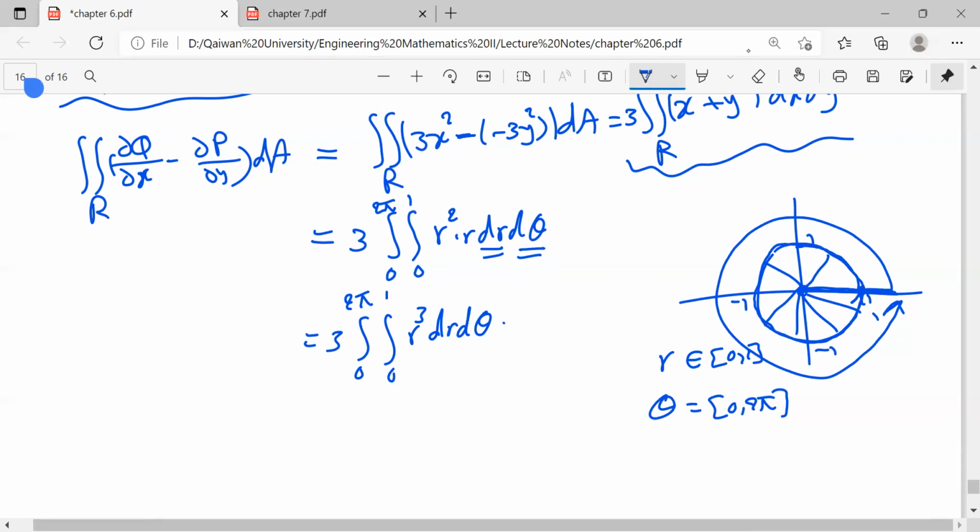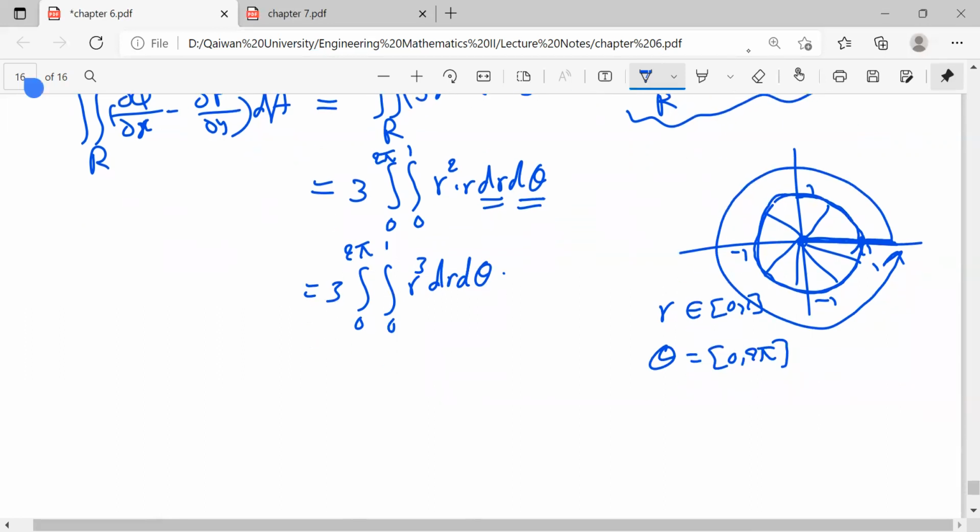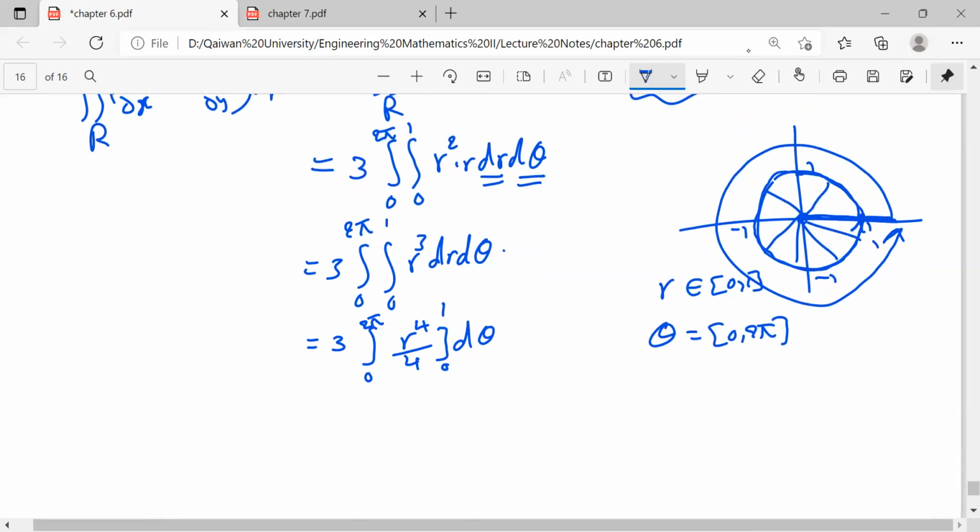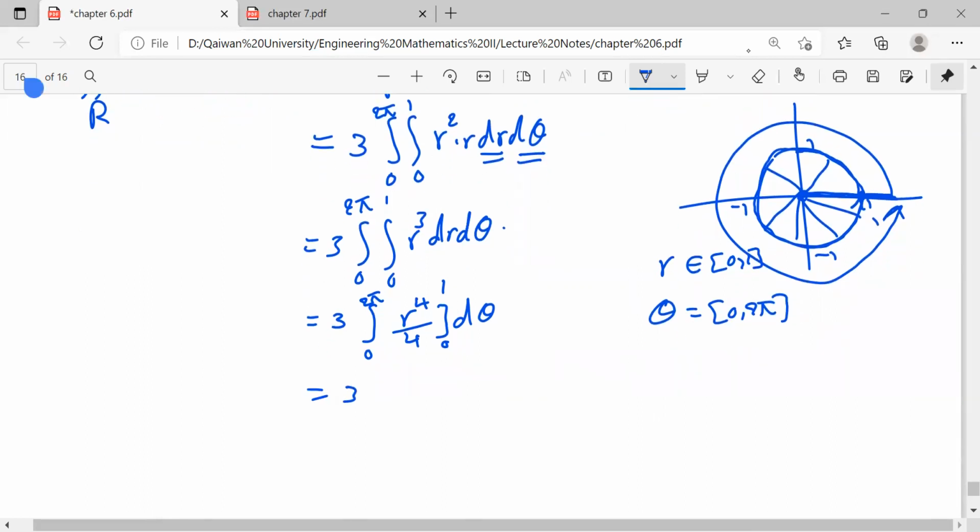This equals 3 times the integral from 0 to 2 pi of r to the power 4 over 4, with r from 0 to 1, d theta. We replace r by 1 first, then by 0. When we replace by 0, we get 0, so we just replace r by 1. We get 3 times the integral from 0 to 2 pi of 1 over 4 d theta.